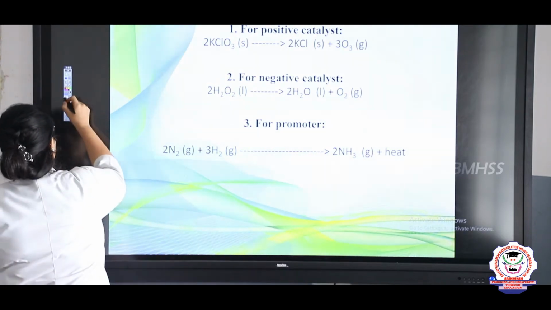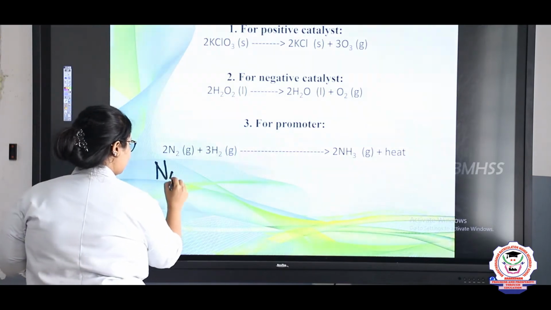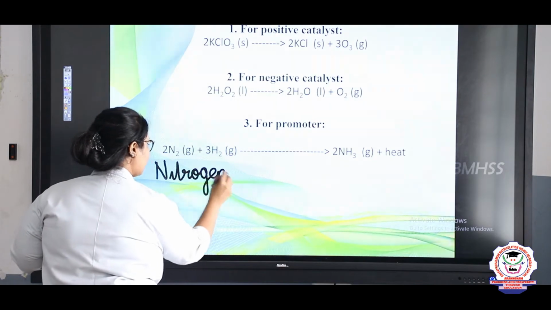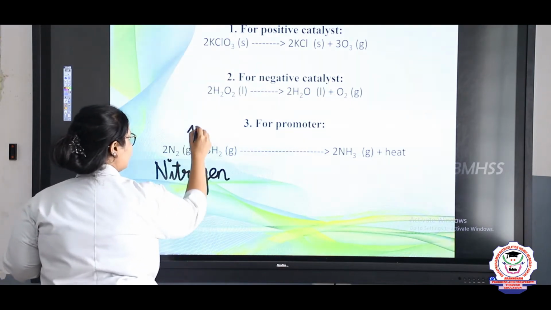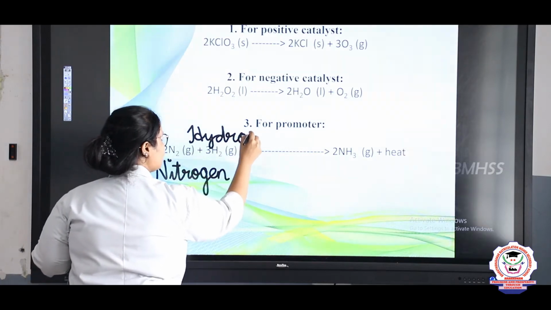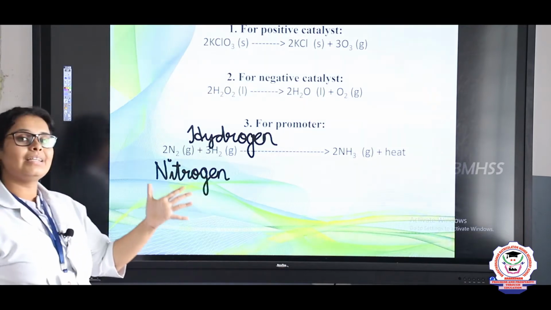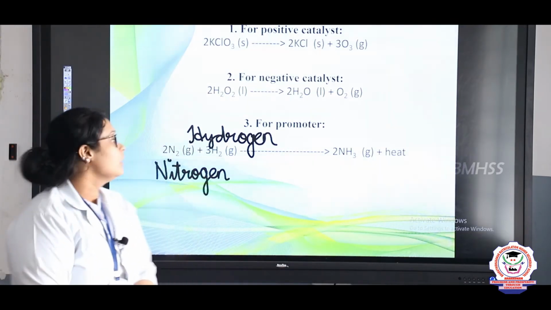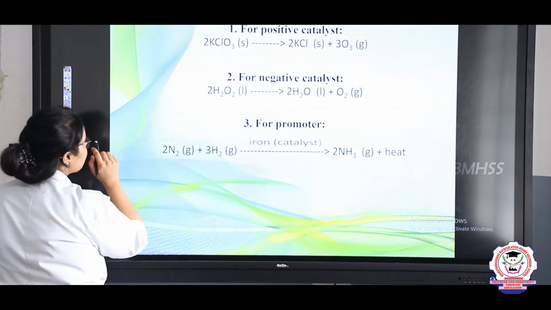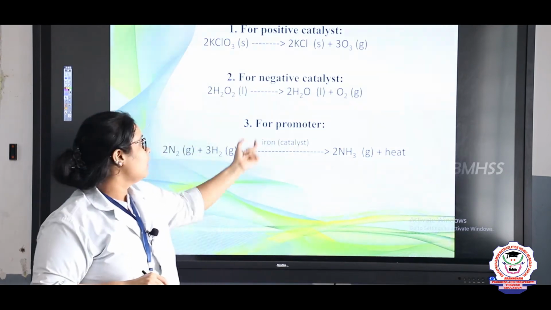In this reaction you can see that we have taken nitrogen and hydrogen. When we combine these two, they will not combine automatically. So how will they combine? They will combine using the catalyst known as iron.